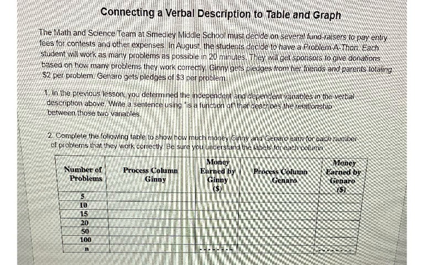So now let's figure out which one is the independent and which one is the dependent variable. Money depends on the number of problems. Money depends on problems worked. I agree with that.